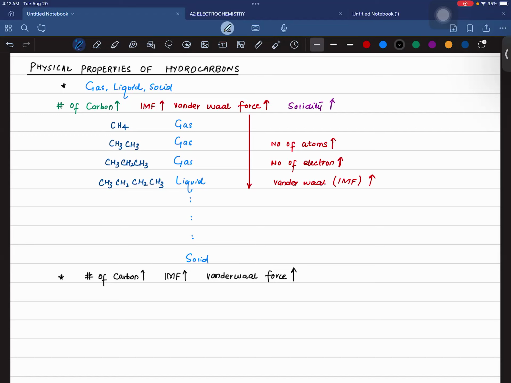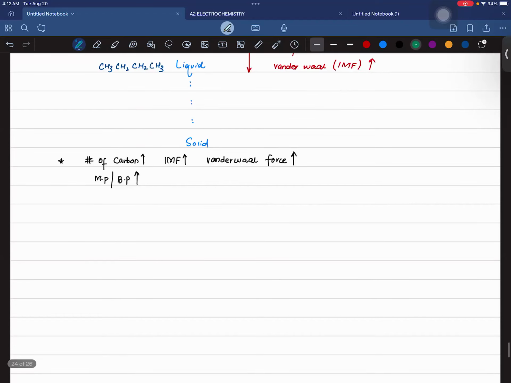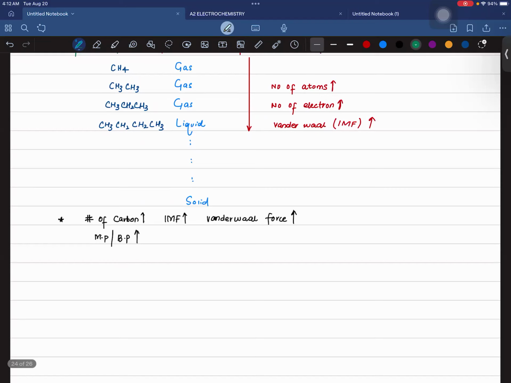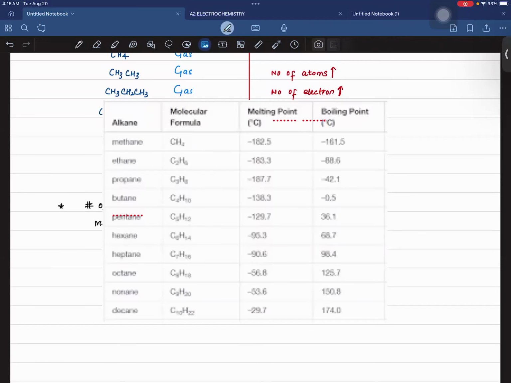When van der Waals force increases, melting point and boiling point increase.